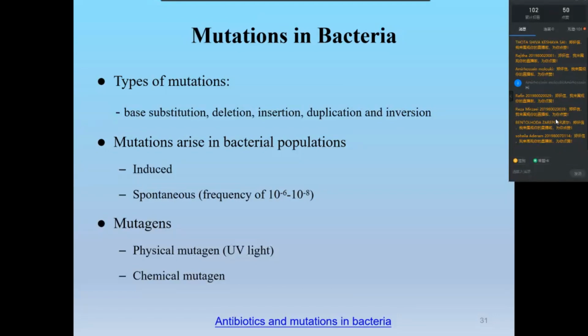So this base substitution means that one base is replaced by another. For example, originally it was A, then after mutation, the A becomes C. So this we call base substitution.